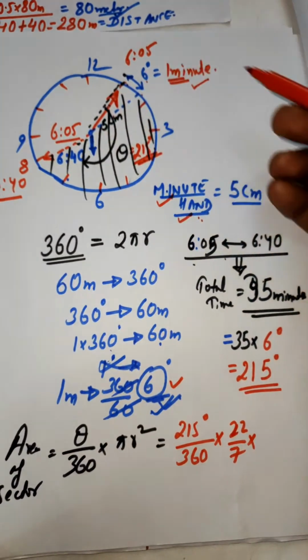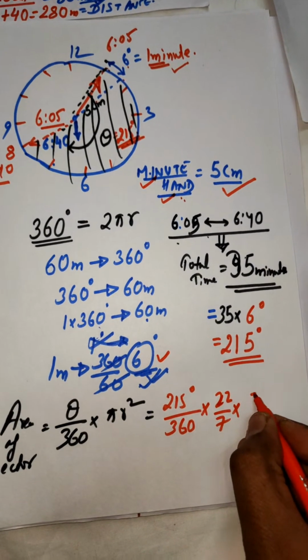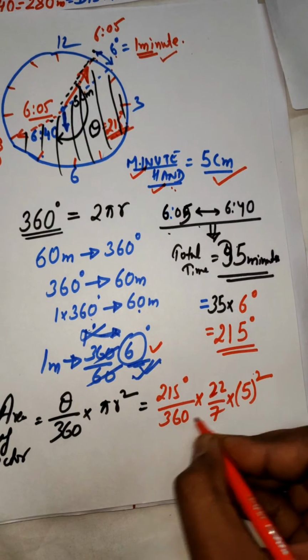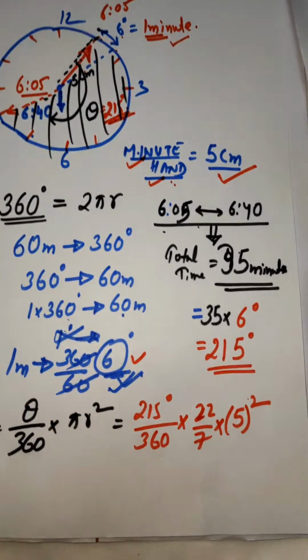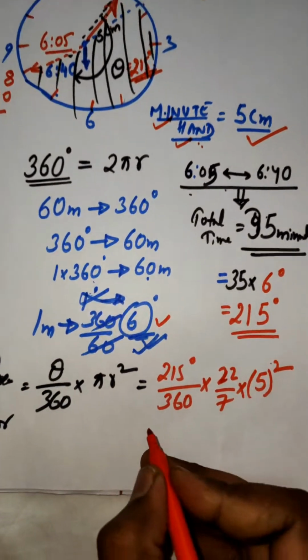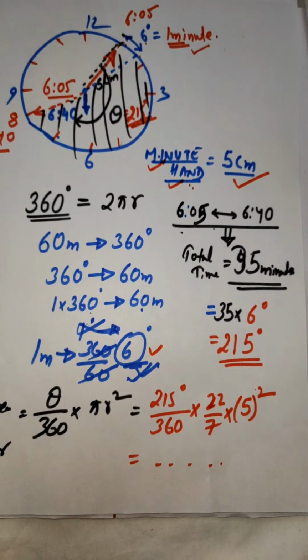It's given as 5 centimeter, so this will be 5 square. Just calculate this, and we get the area covered by this minute hand. I'm not going into the calculation.